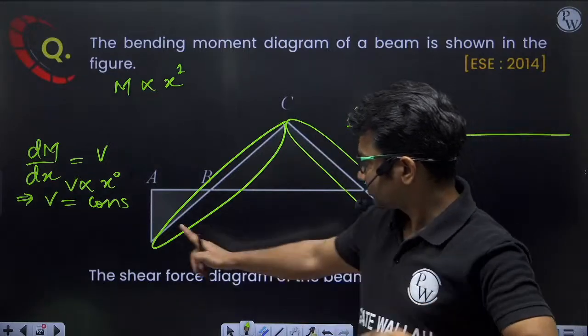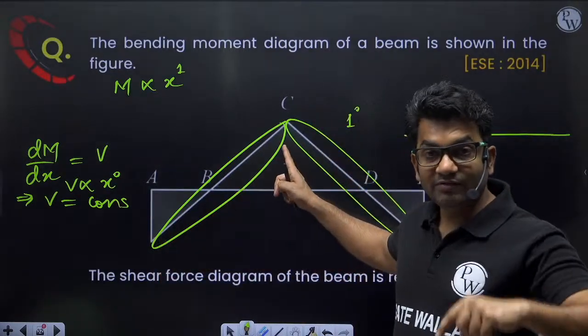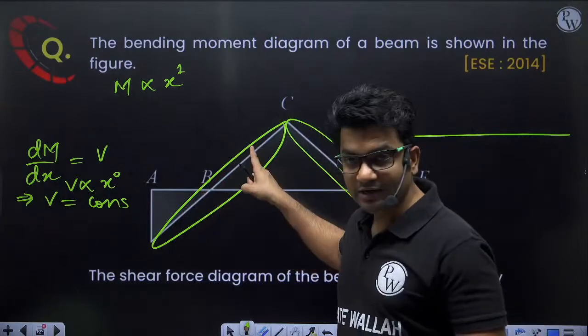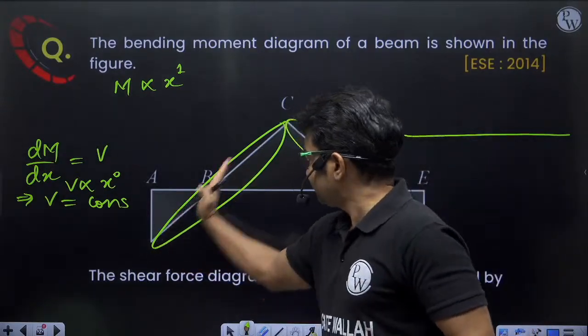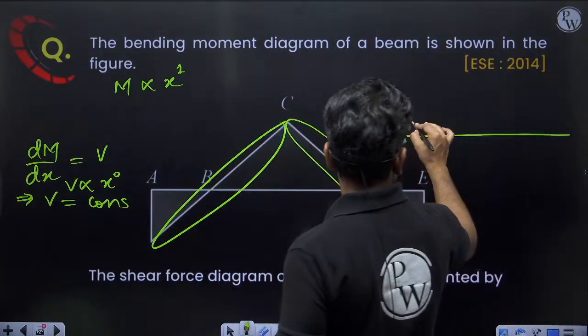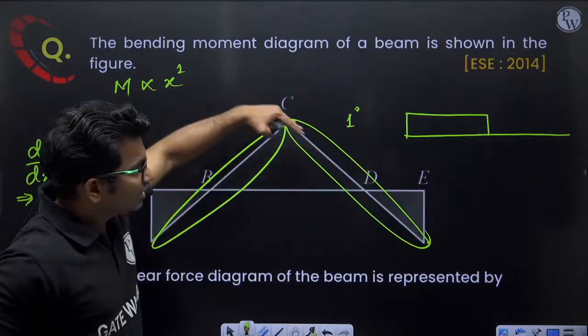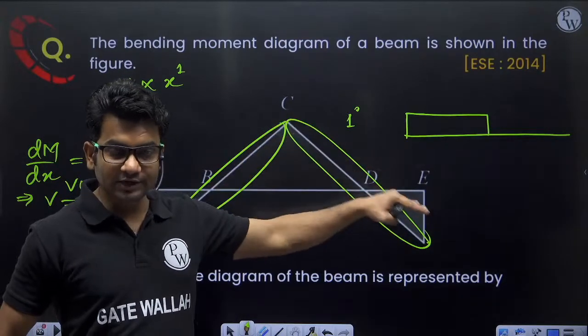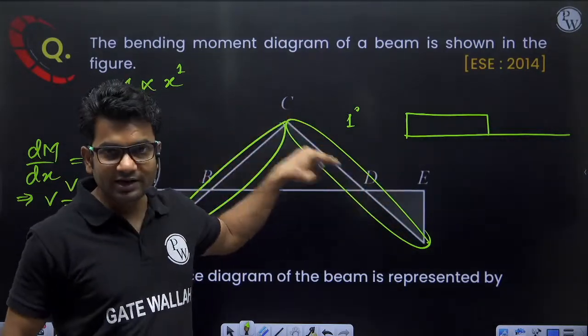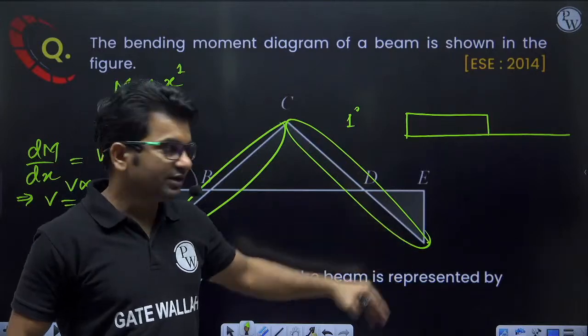Here the slope of the bending moment diagram will be equal to the shear force. Slope is constant, shear force is constant. Here the slope is constant and positive, so shear force is constant and positive. Here the slope is constant and negative, so shear force will be constant and negative.